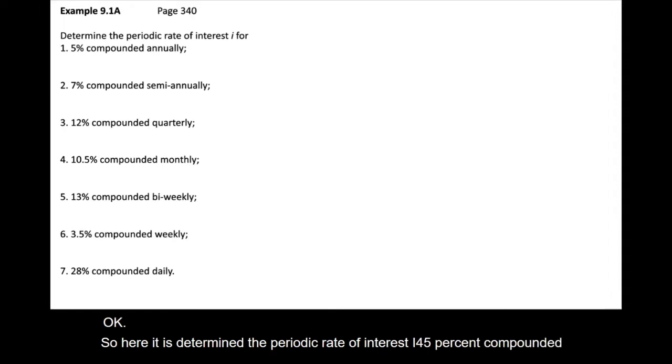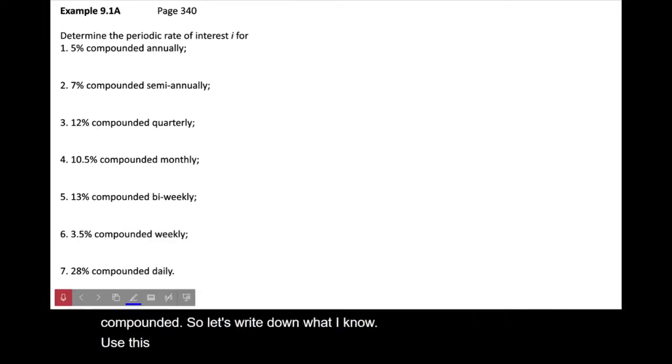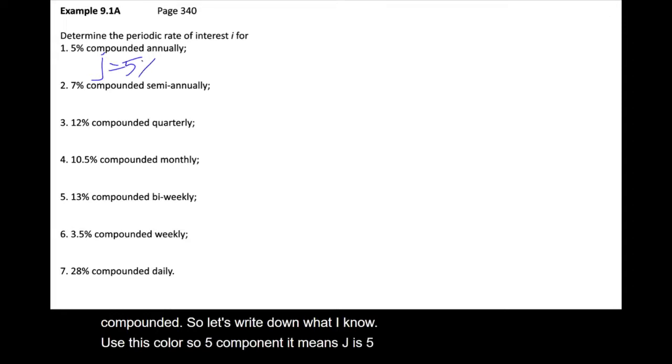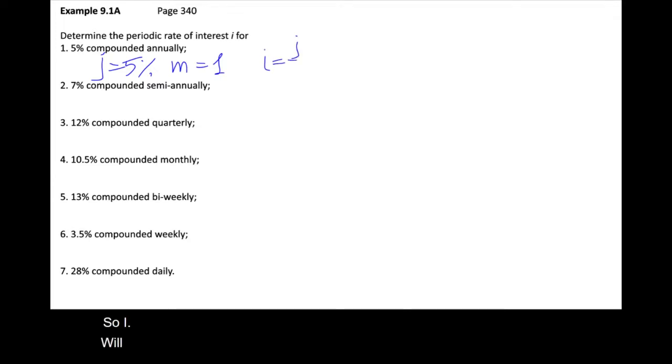So let's write down what I know. 5% compounded annually means J is 5%. Compounded annually, M is 1. So I is J over M, 0.05 over 1, which is 0.05.